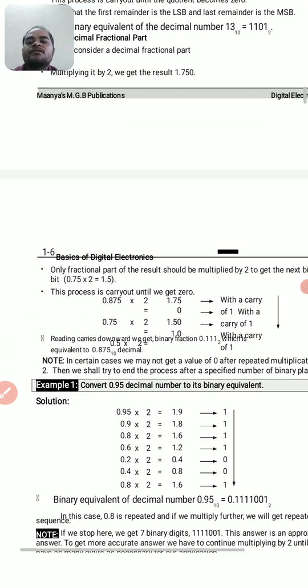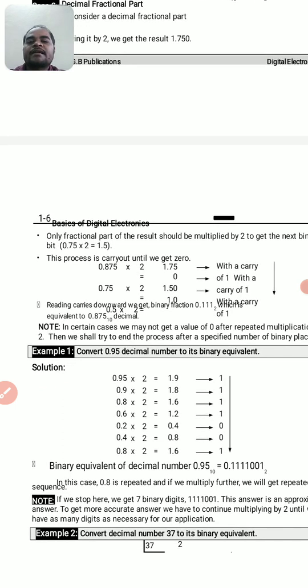In this case we take the carry, that is the integer part, which is 1 in 1.75. After that, the next fractional part 0.75 is multiplied by 2, and we get 1.50. In 1.50, the integer part is 1 and the fractional part is 0.50. In the next step 0.50 is multiplied by 2, so we get 1.0. That means the integer part is 1.